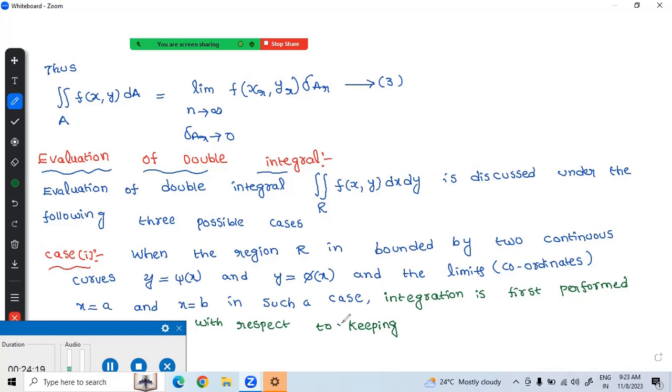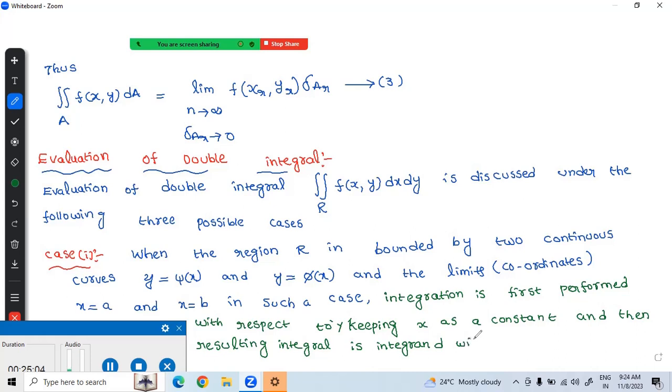Y keeping x as a constant, treat as constant, and then the resulting integral is integrand within the limits x is equal to a and x is equal to b. Write down.